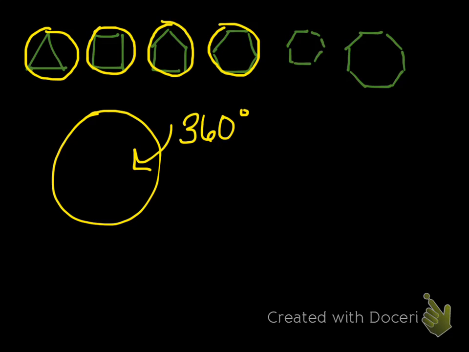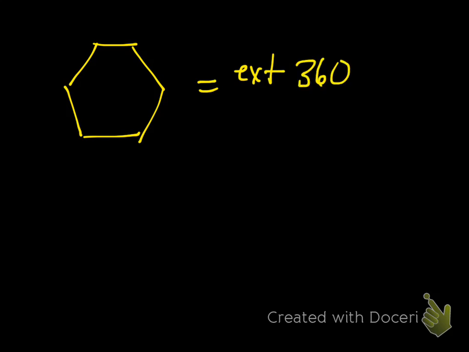That being said, if I give you a polygon and I say, what is the measure of each exterior angle? So if I've got, let's just do a hexagon again. Okay, so I've got a hexagon, and I know that each exterior angle added up together is 360.